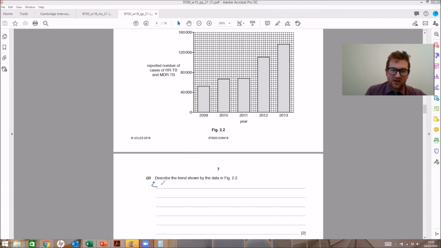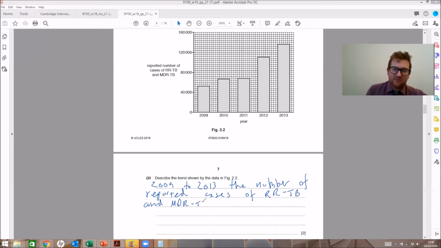So from 2009 to 2013, the number of reported cases of RRTB and MDRTB have increased.